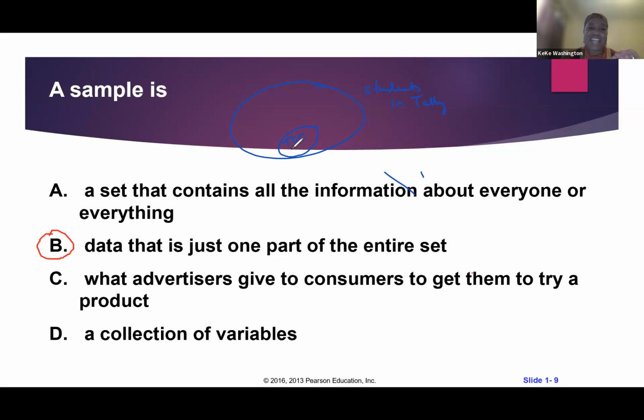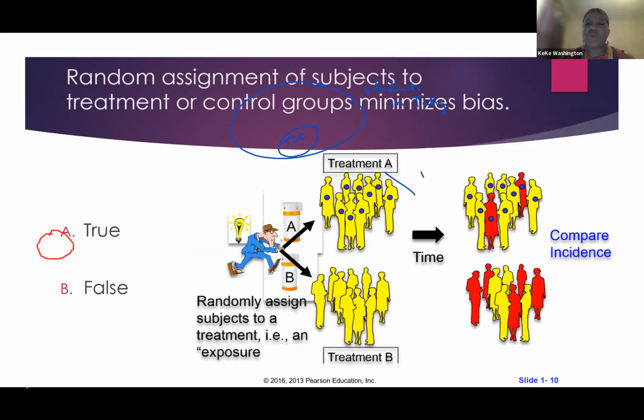Okay? It's not a good sample because do TCC students represent the population of students in Tallahassee? No. Okay. If you want to get a good representation of your population, we need a random assignment.